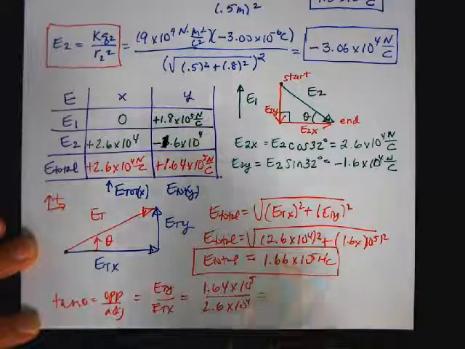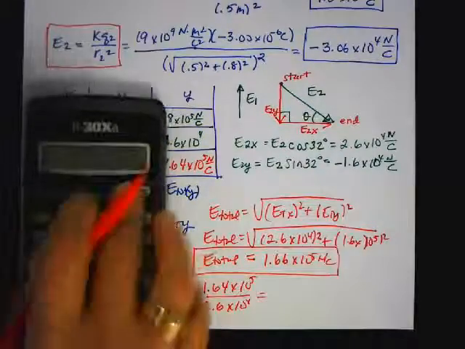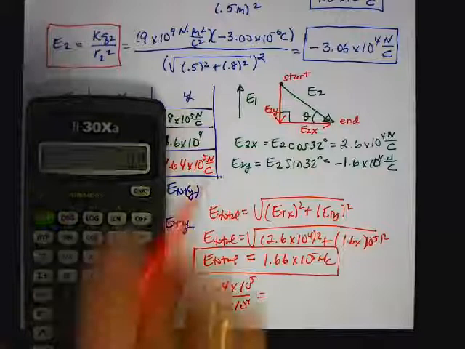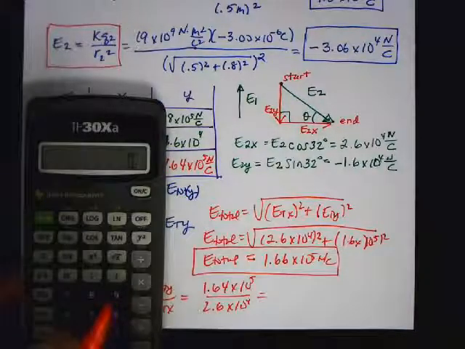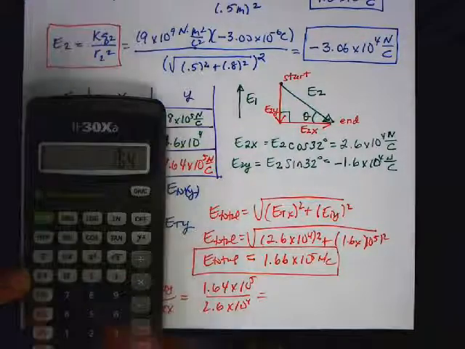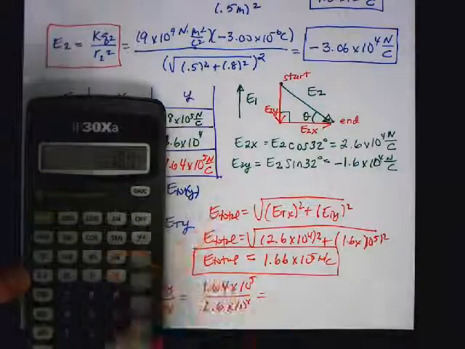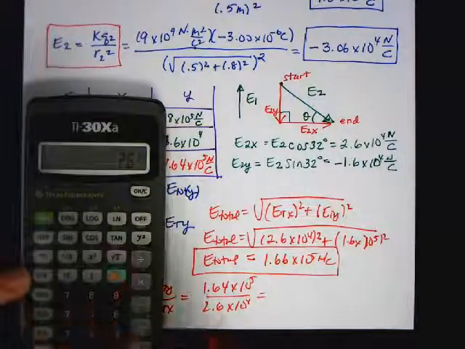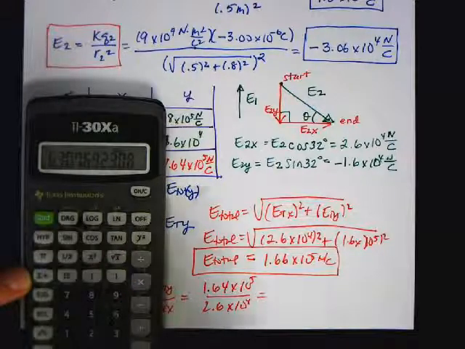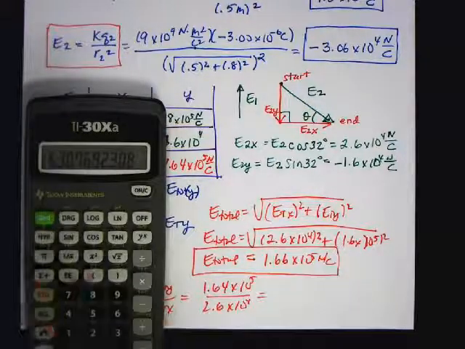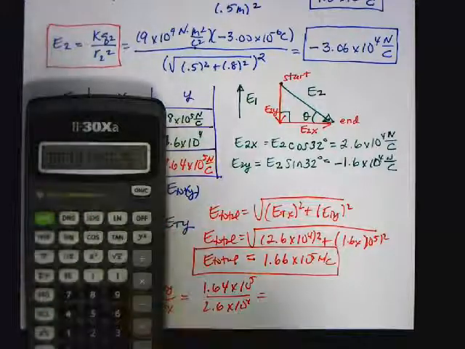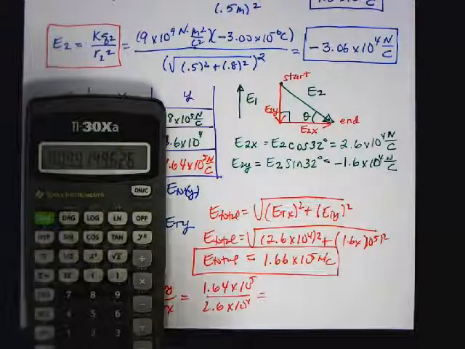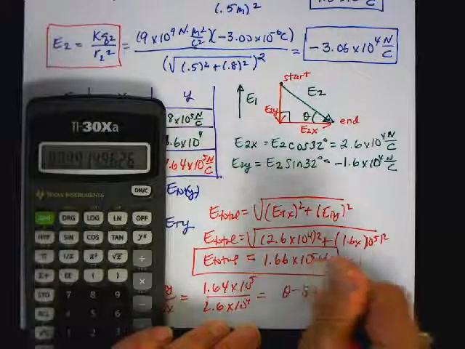So I put that in my calculator. 1.64 EE5 divided by 2.6 EE4 equals. But that just doesn't give me the angle, so then I have to press second tan, and my angle comes out to be 81 degrees.